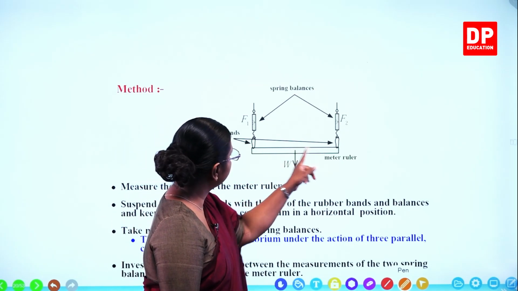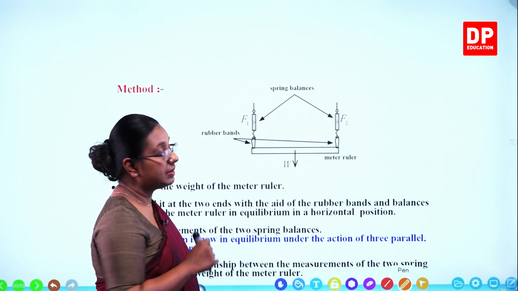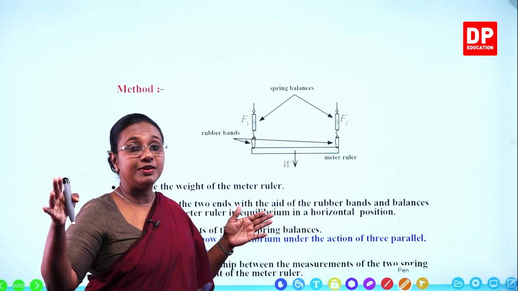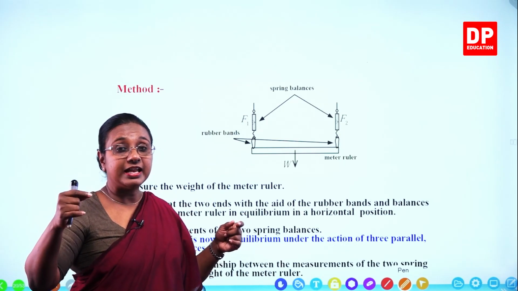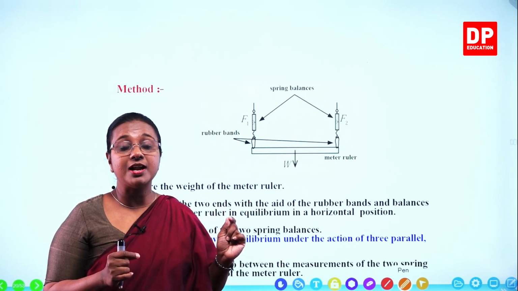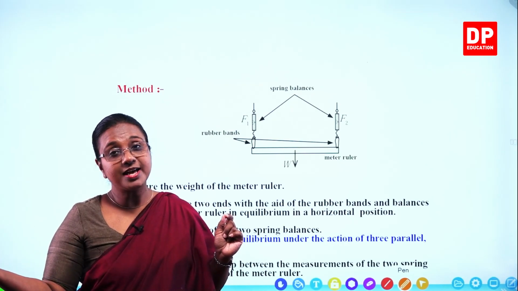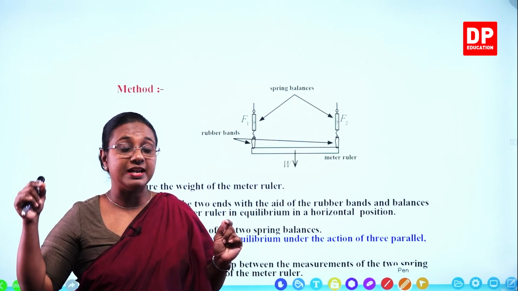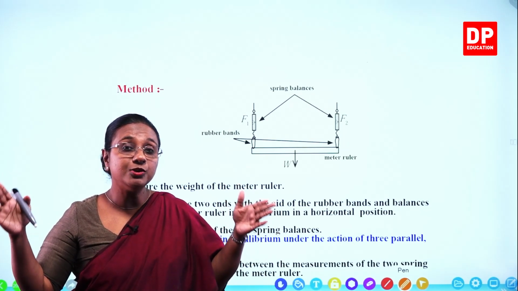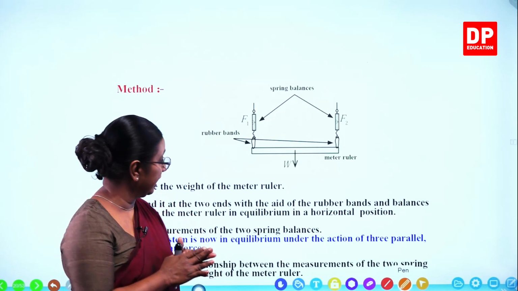So here the two rubber bands are attached to the meter ruler at the two ends. We have to make sure that we put the rubber bands at the correct marks. Let's say if we put it at the 1 centimeter mark, on the other side also we have to put the rubber band at the 99 centimeter mark so that it is hung uniformly from both the ends.